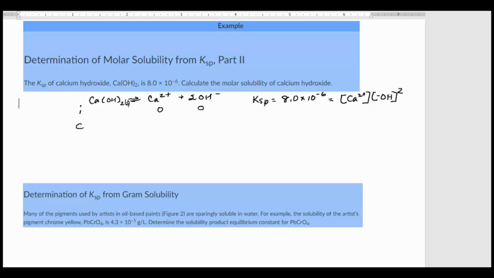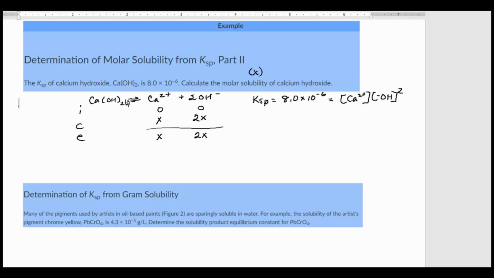We're going to change the concentration by some value X. Remember your stoichiometric coefficients, that means that the hydroxide is going to change by some value 2X. So at equilibrium then, the concentration of the calcium will be X, and the concentration of the hydroxide will be 2X. So now we can calculate the molar solubility, which is the X in this equation.